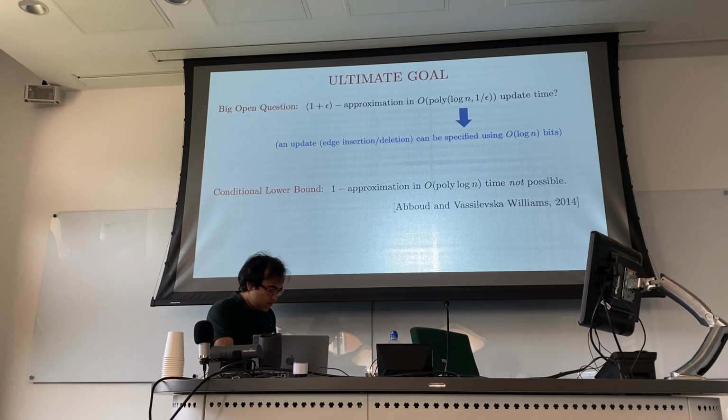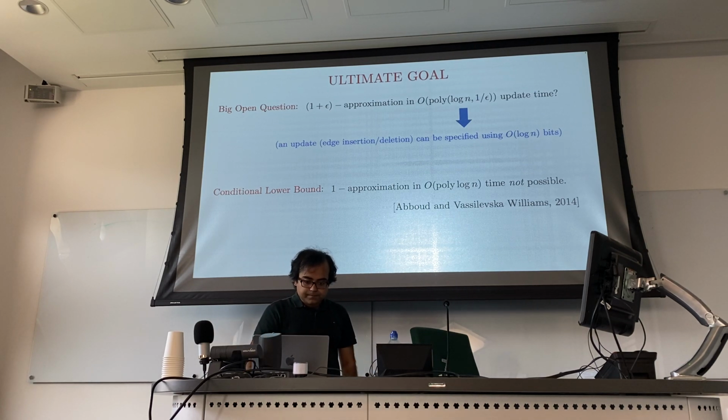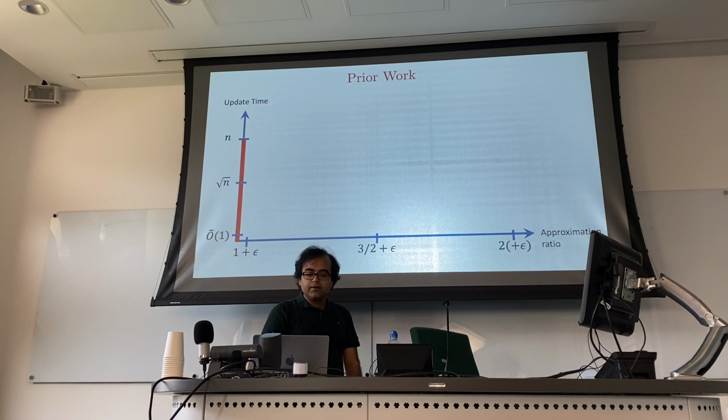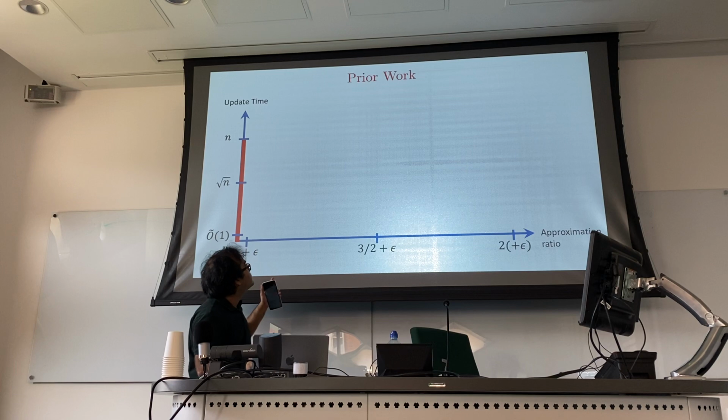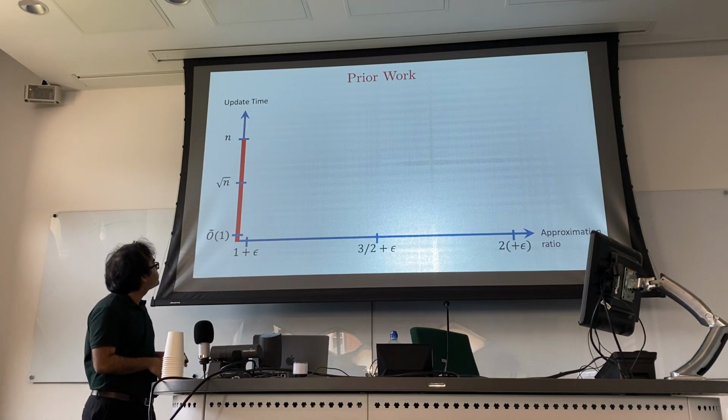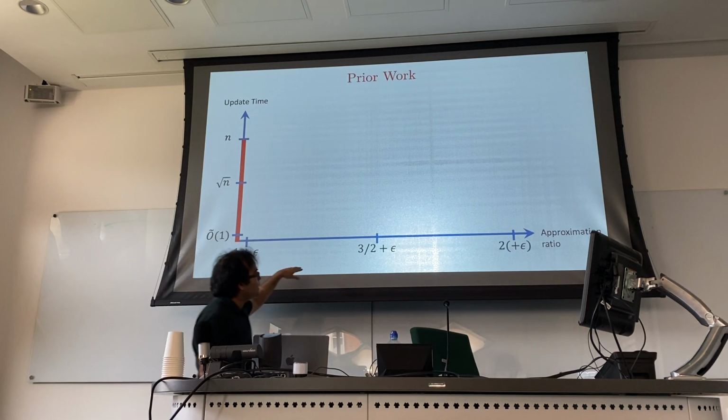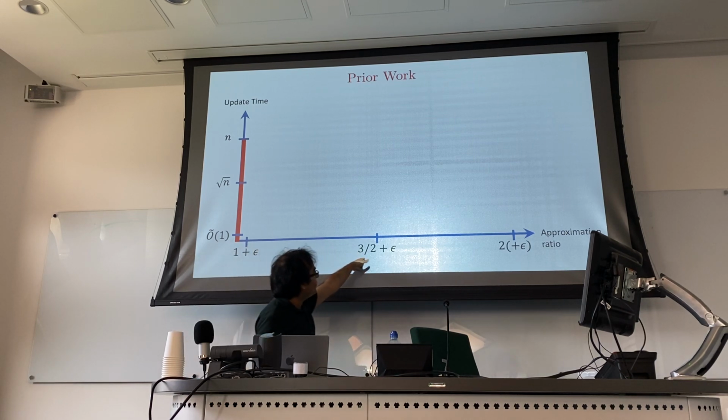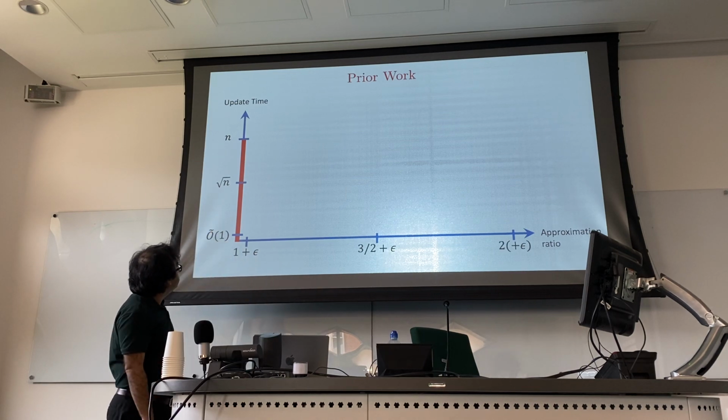Okay. So with this, let me try to chart out what is the current state of the art. Looking at this chart, the x-axis is the approximation ratio. So this is 1, this is 3/2, this is 2. And the y-axis is the update time.